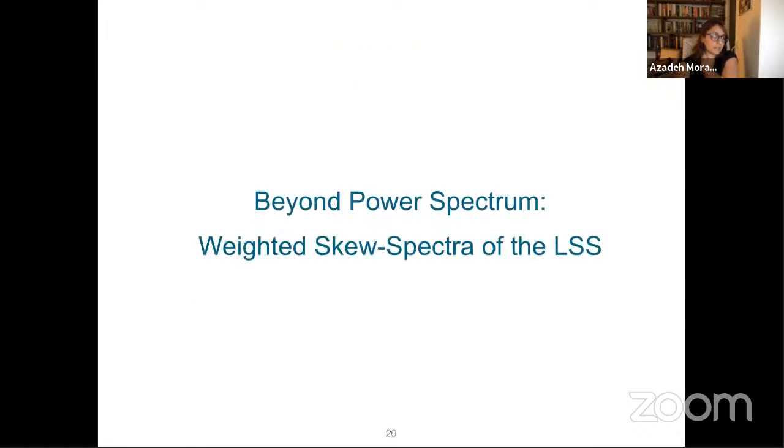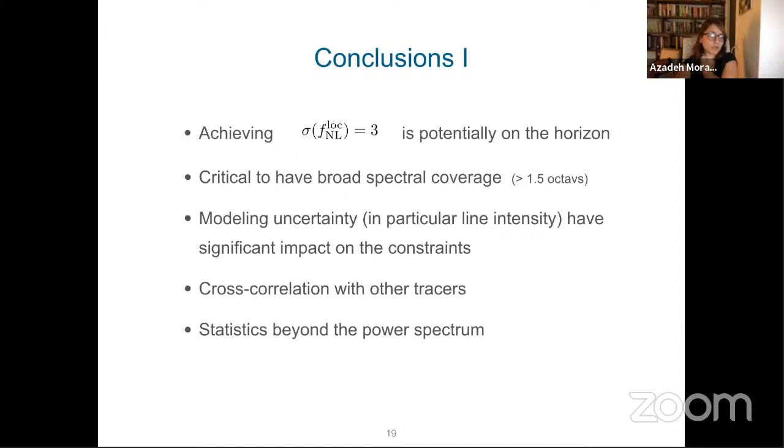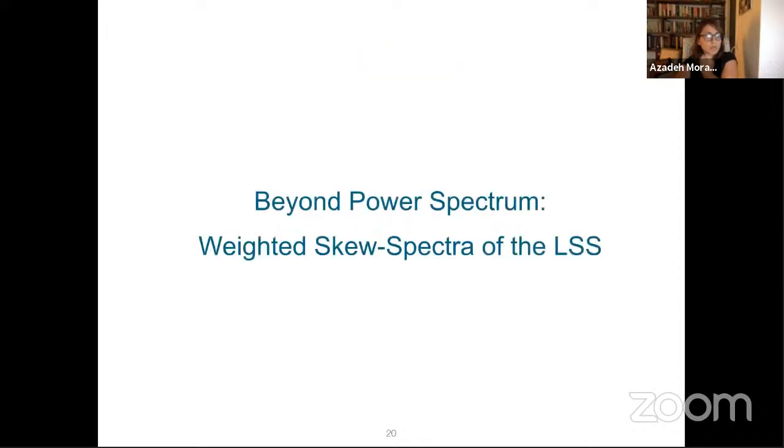So with that, based on this last point of going beyond the power spectrum, I would like to tell you a few words about the potential of constructing new estimators to extract information from 3-point clustering statistics.